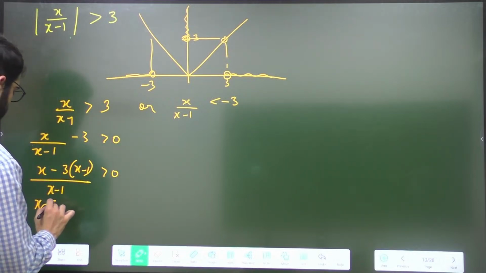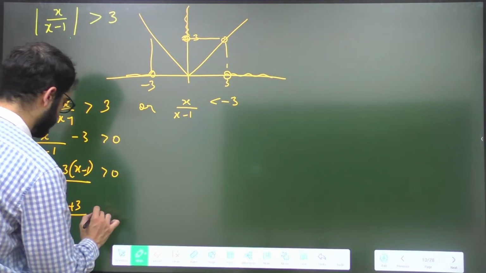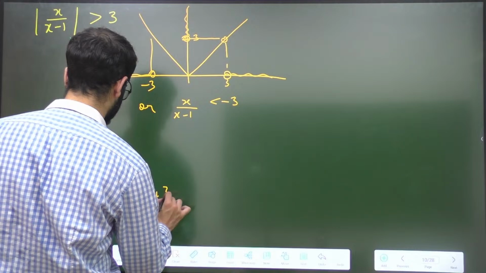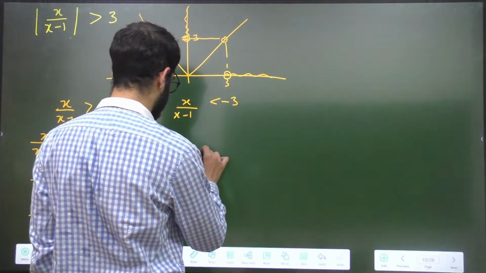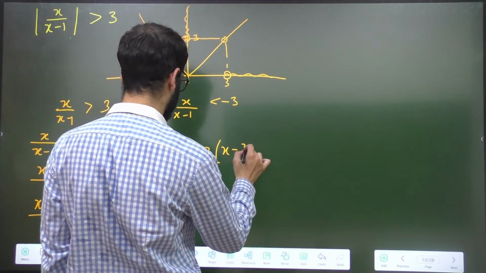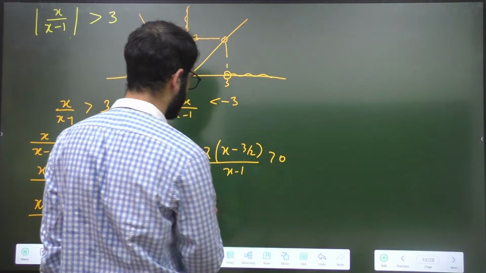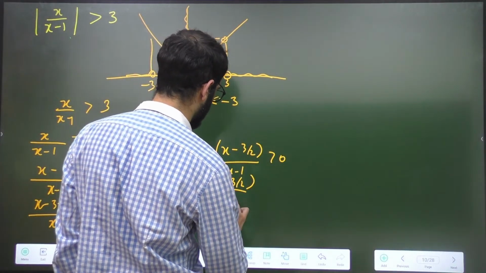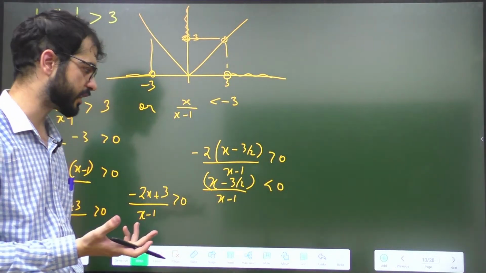So it will be x minus 3x plus 3 upon x minus 1 greater than 0. x minus 3x is minus 2x plus 3 upon x minus 1 greater than 0. So it's going to be minus 2 common, x minus 3 by 2 upon x minus 1 greater than 0. Finally, I can say it as x minus 3 by 2 whole upon x minus 1, since it's a negative term, so the inequality will get reversed as we had discussed earlier.